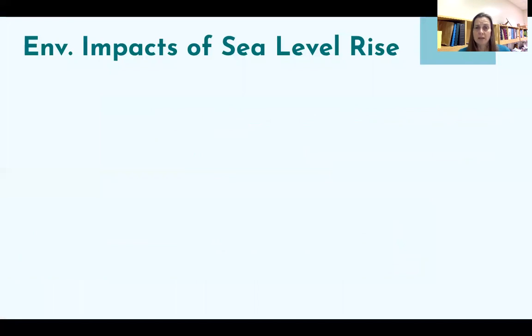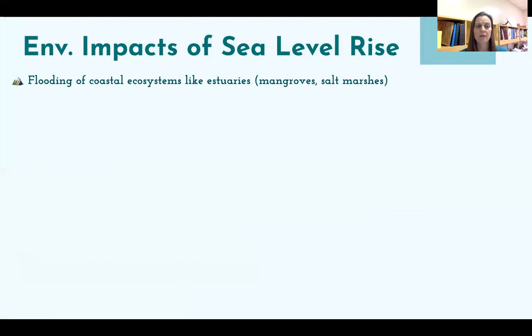What's the impact of the rising sea level? Well, a lot of different impacts. Environmentally, we have significant flooding of coastal ecosystems like our estuaries, those mangroves, those salt marshes. And as we talked about, these are the nurseries for many of our marine animals.